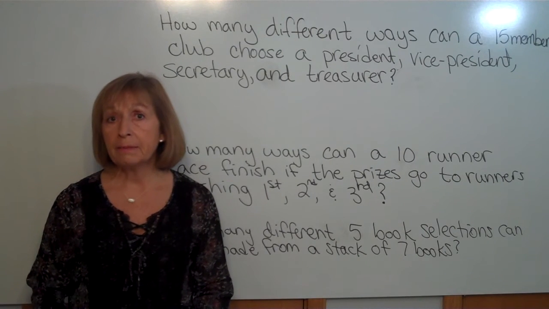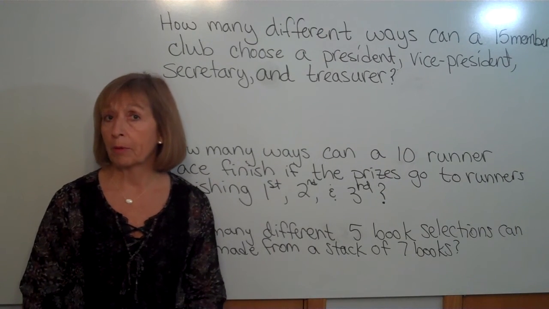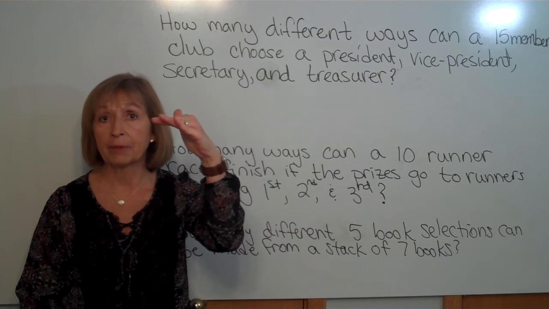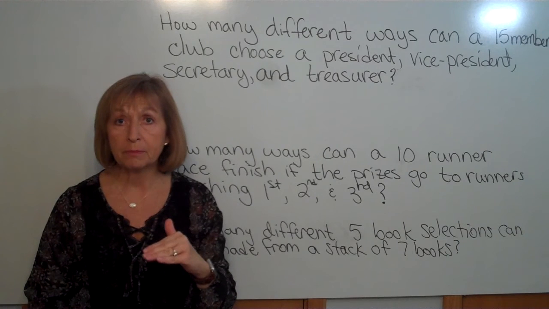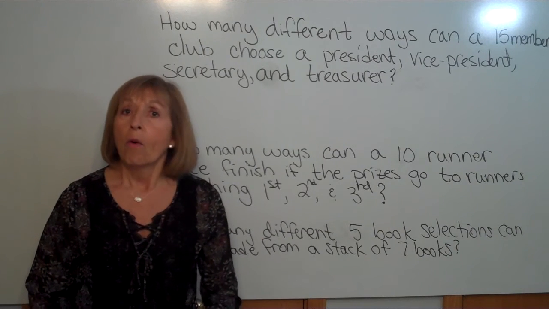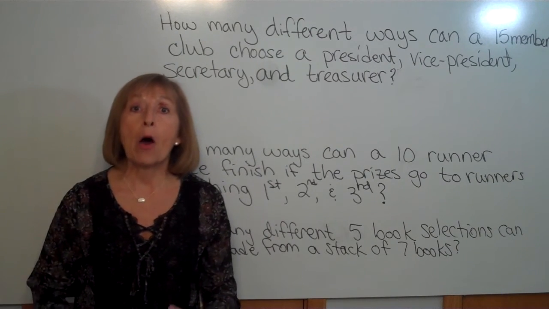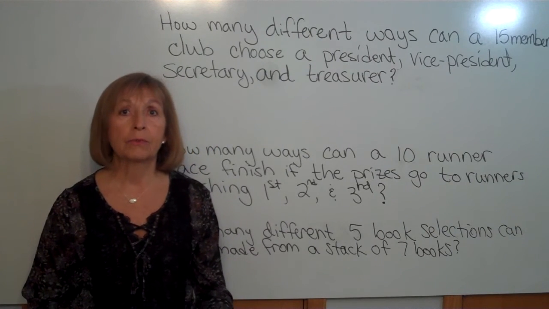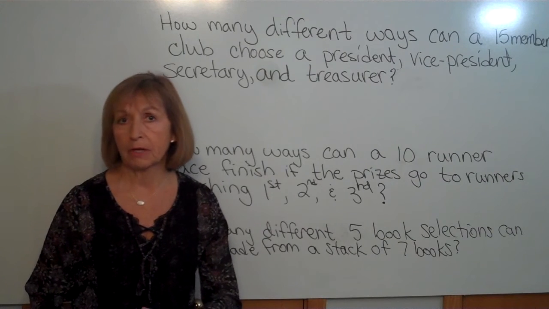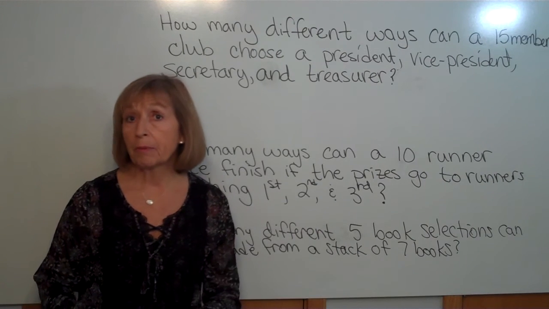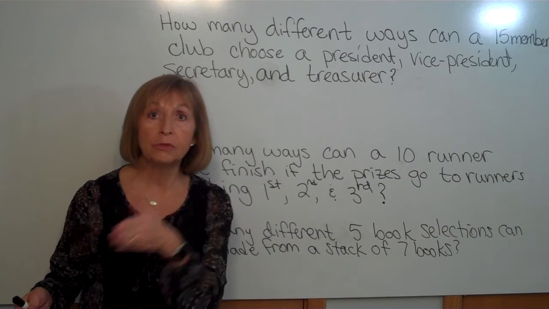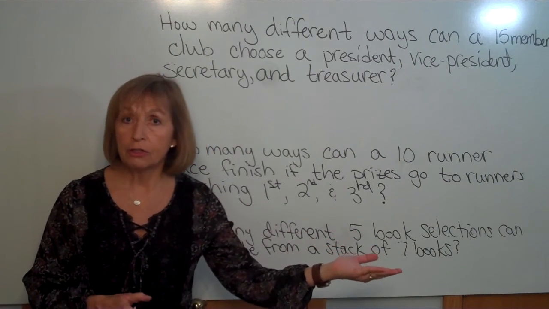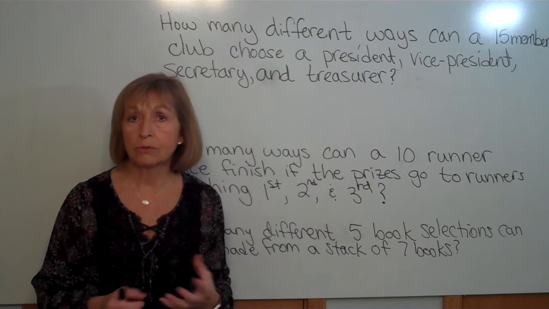So you need to really make sure you know when they're asking you to form a probability, which is the ratio of the number of ways your event can happen divided by the number of possible ways in your sample space, or when they're asking you to find how many ways something can happen, in which case you're going to answer with numbers that many times are way bigger than 1. Remember, probabilities are 0 to 1 inclusive, and counting is usually huge numbers that we get for our answers, or bigger numbers.